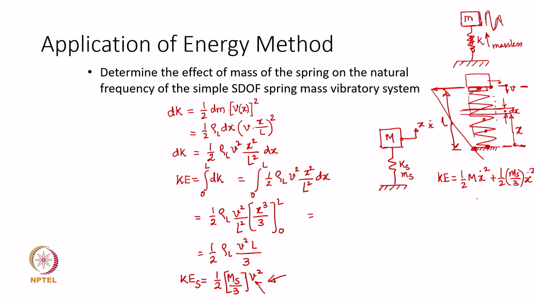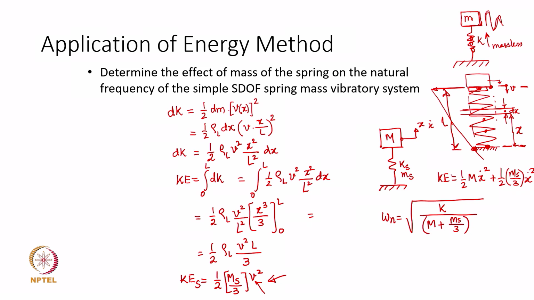So, which basically tells me that if I want to now write the natural frequency of this single degree of freedom system, but considering the mass of the spring, it is going to be root of k over m plus m_s over 3.